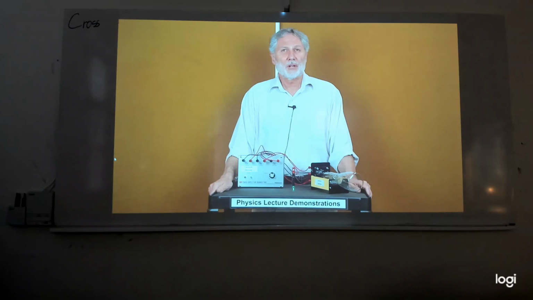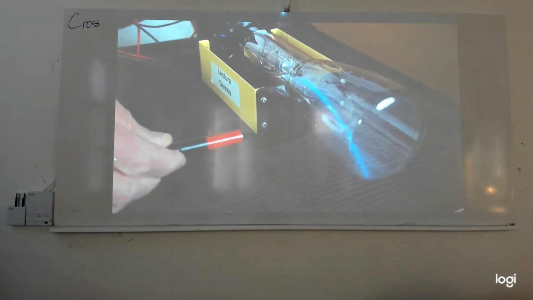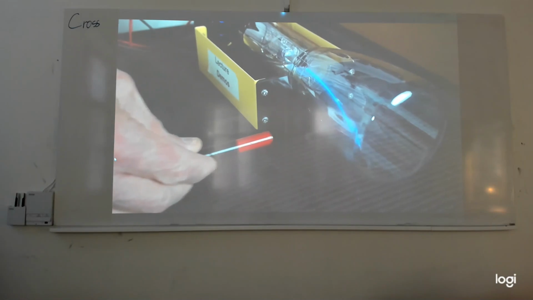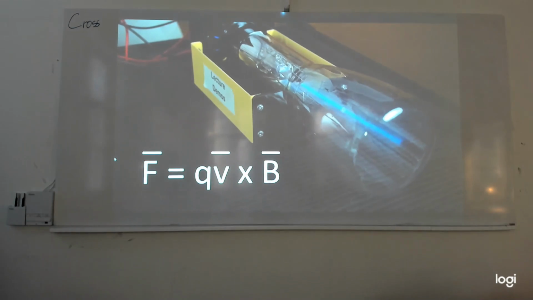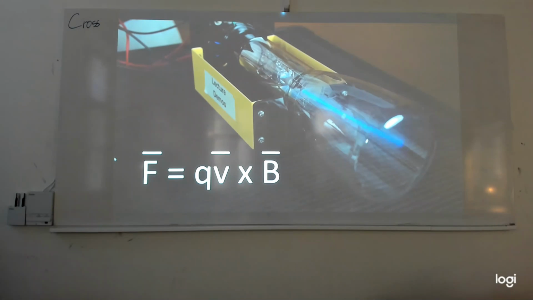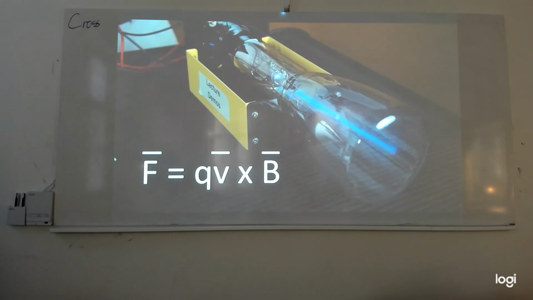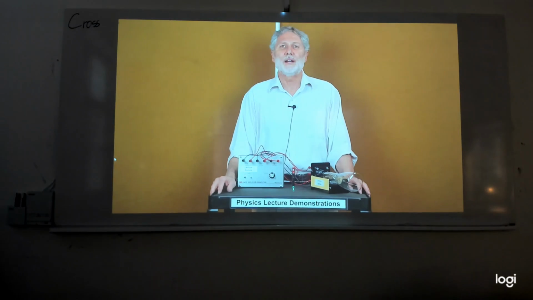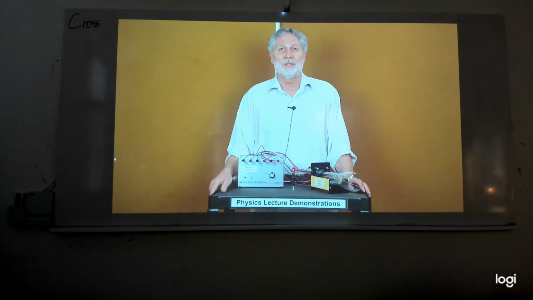A charged particle that is moving in a magnetic field can experience a force, which is the fundamental magnetic force. The force is given in general by the charge of the particle times the vector product of the particle's velocity and the magnetic field. What if we have the common situation of a wire that is carrying an electric current? If the wire is in a magnetic field, there will in general be a force on the moving charges and thus a force on the wire.